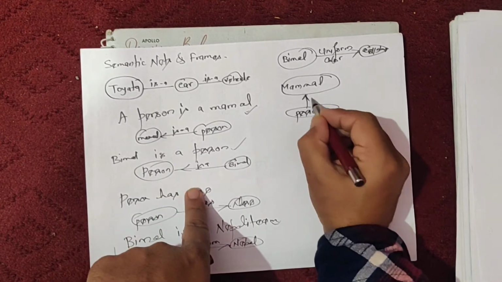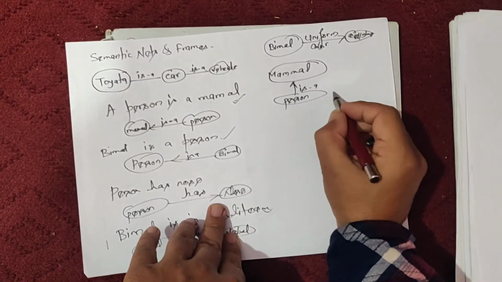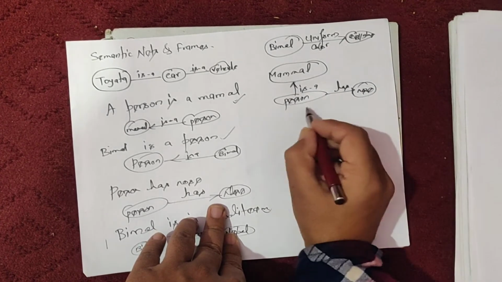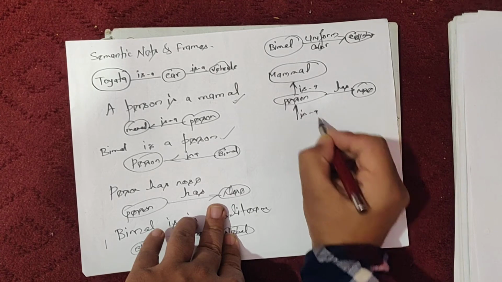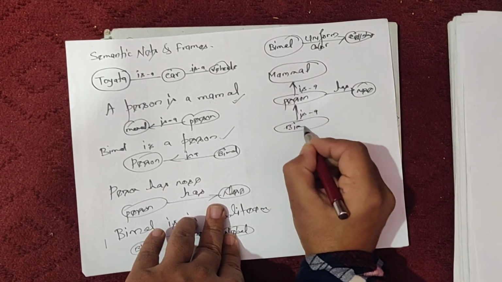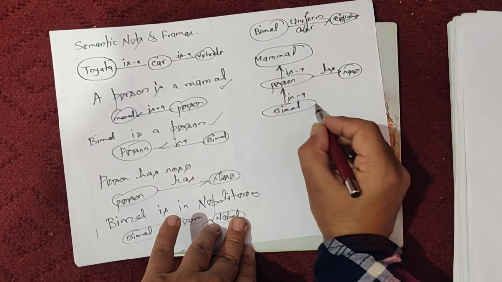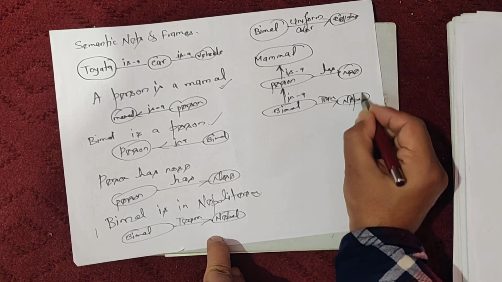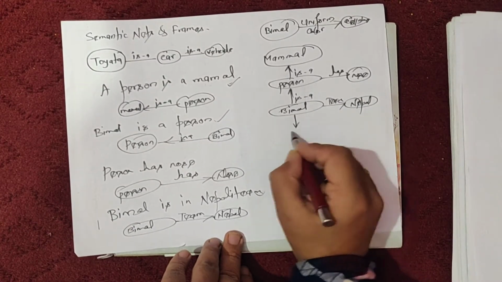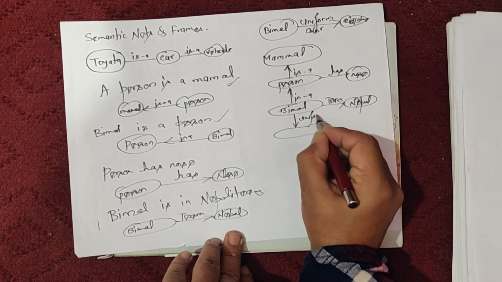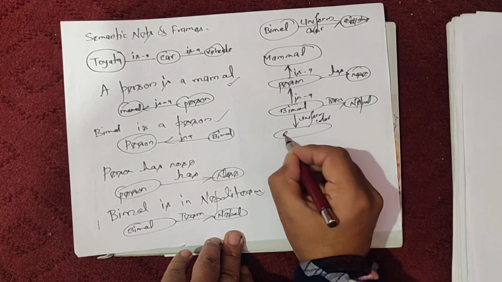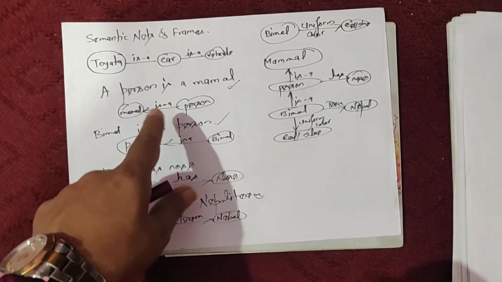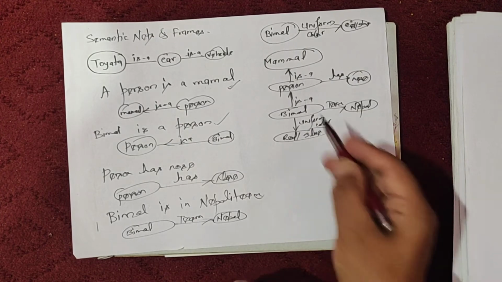So person is a mammal, and person has nose, Bimal is a person, and Bimal team is Nepal, and Bimal uniform color is red or blue. So this is a semantic net of these five sentences which generates a graph.